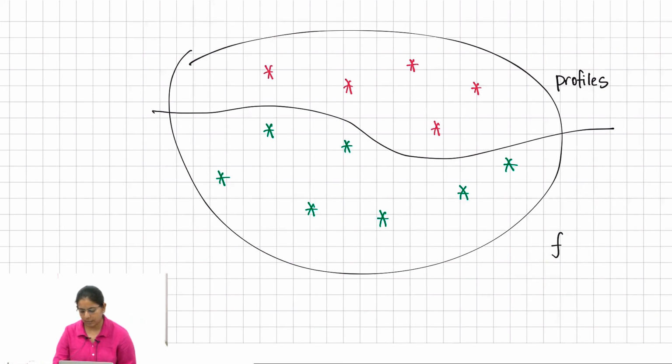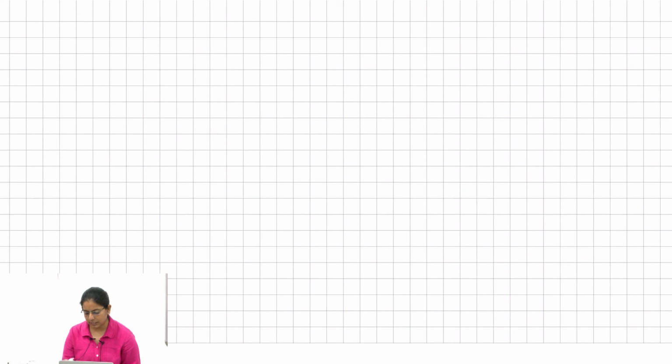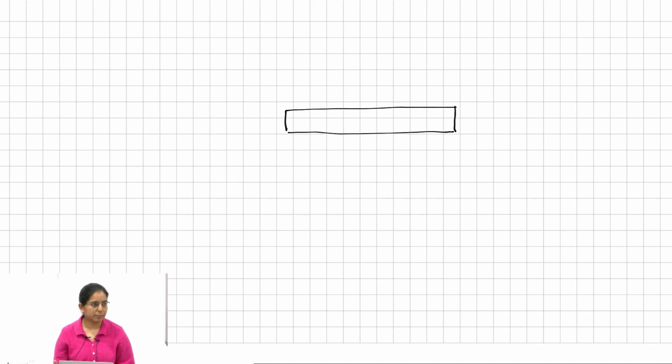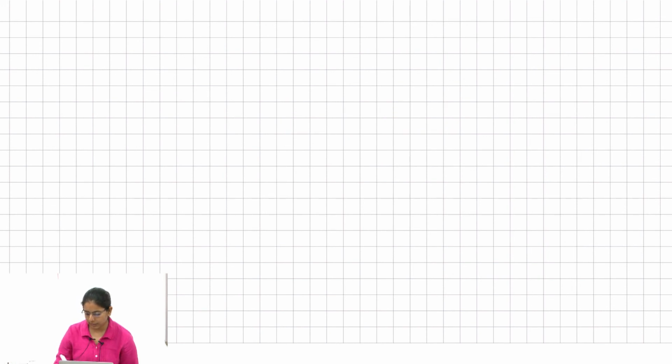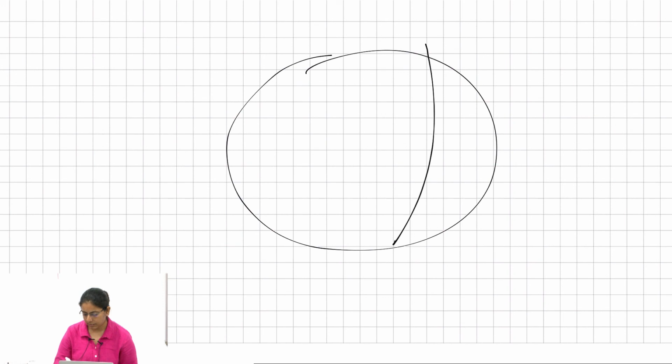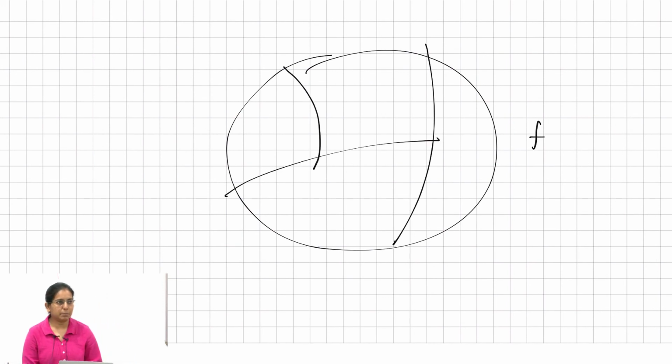So, at least in some versions of the theorem, the notion of distance is simply the number of places where you disagree, right? So a mechanism F is something that simply partitions the profiles into at most m classes.